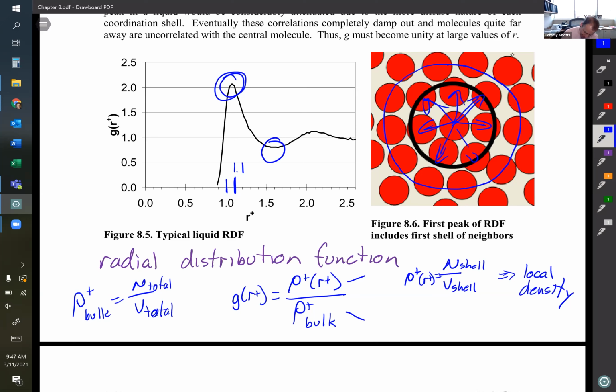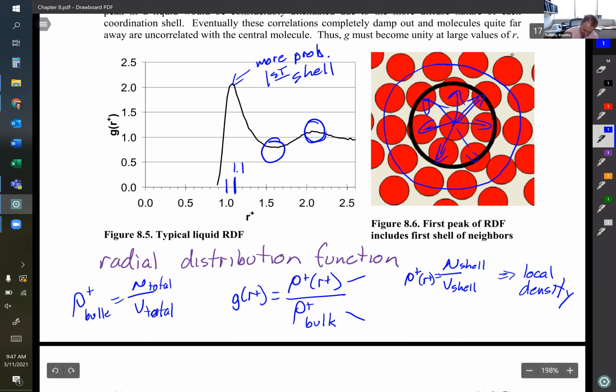And then I get another shell about 2 molecular diameters away. And so here, it's more probable to have an atom that distance away, that's my first shell. And then here, I am less likely.